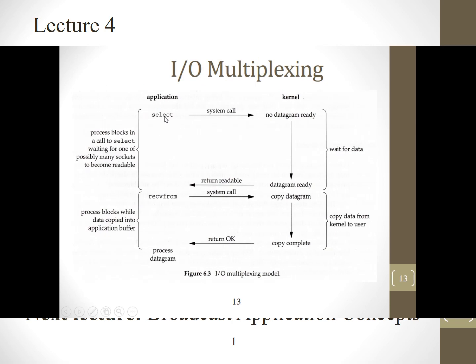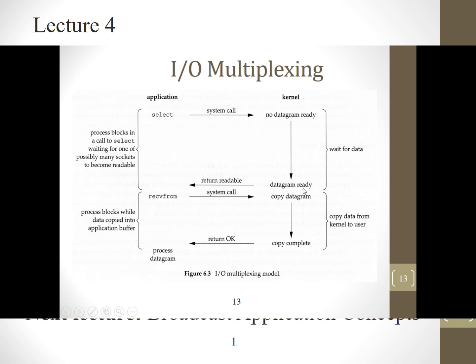So the select system call is called, and the process blocks. The process is put to sleep in the call to select, waiting for one of the possibly many sockets to become readable. When there is no datagram ready on the kernel side, the process is put into sleep or block mode waiting for the data to be ready.